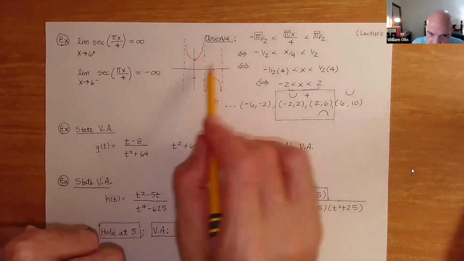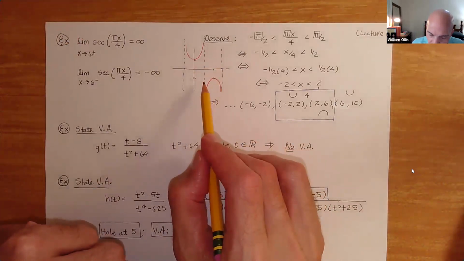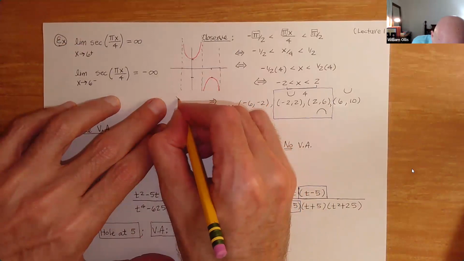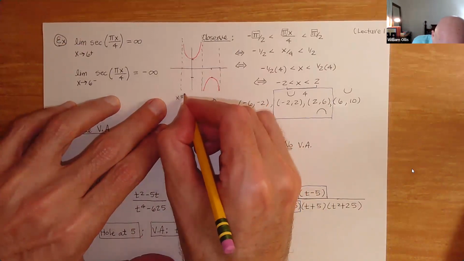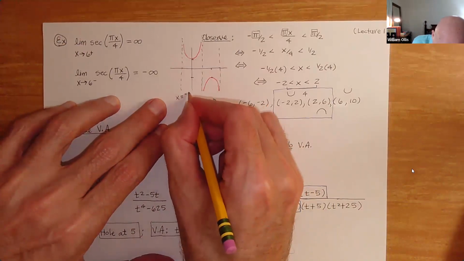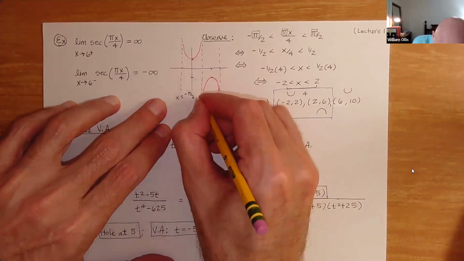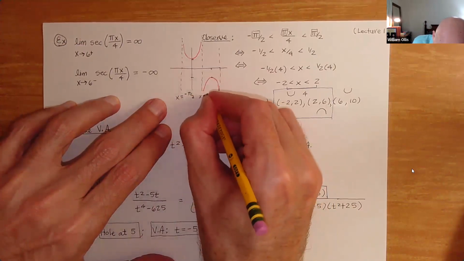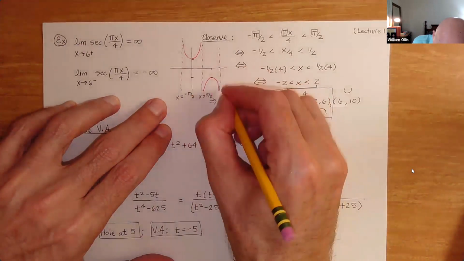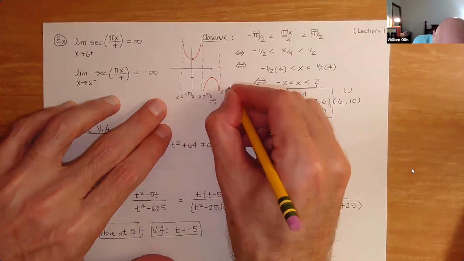A very simple way to think about this function is looking for the asymptotes. When you consider the standard secant function, remember you have x equals negative pi over 2, x equals pi over 2, and then x equals 3 pi over 2.